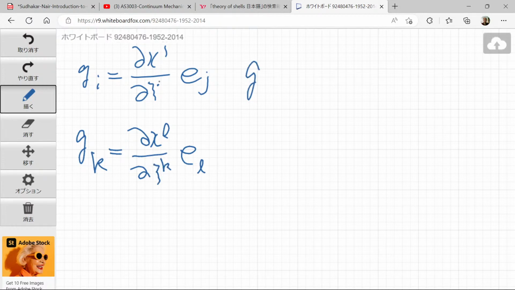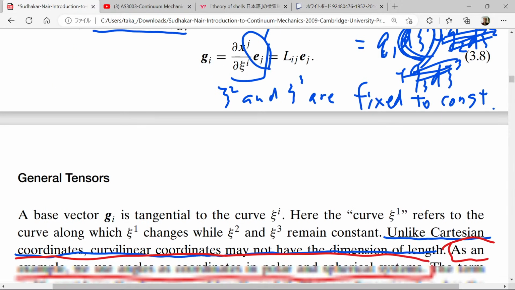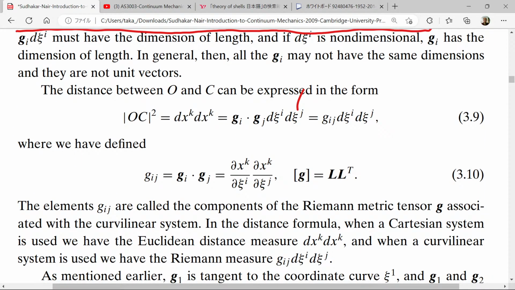So GI dotted with GK, which is the definition of GIK, is it called GIK? I forgot, sorry. GIK. Yeah.